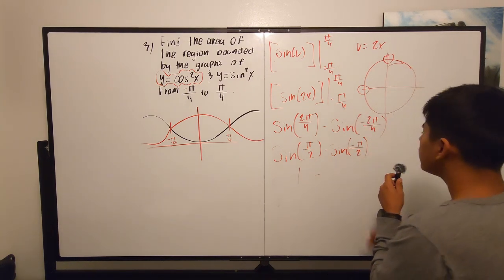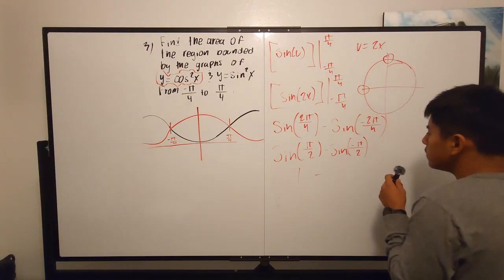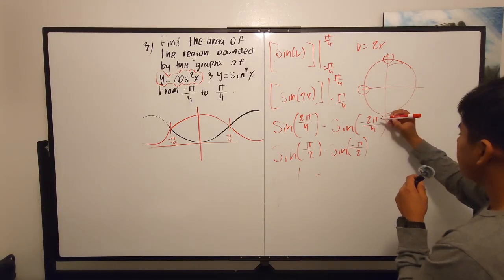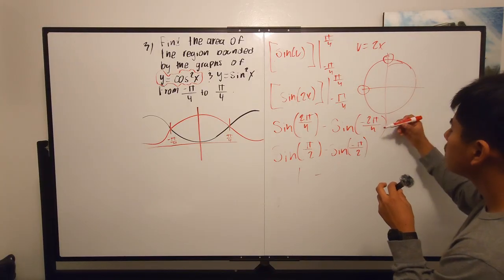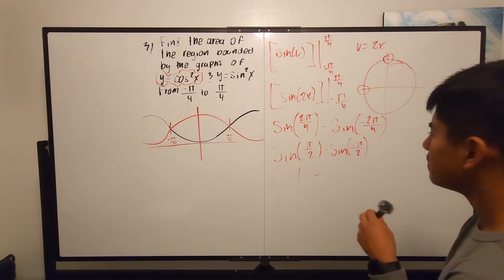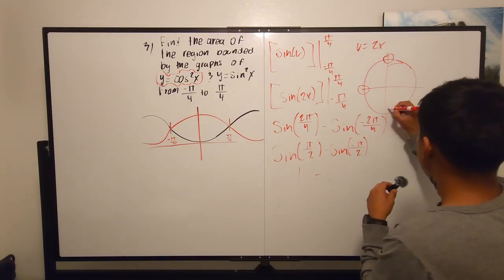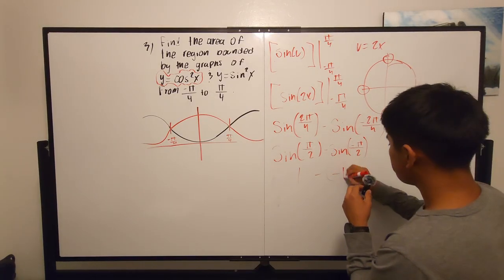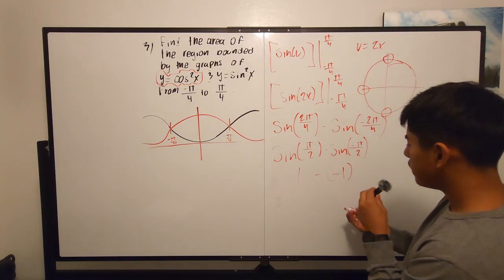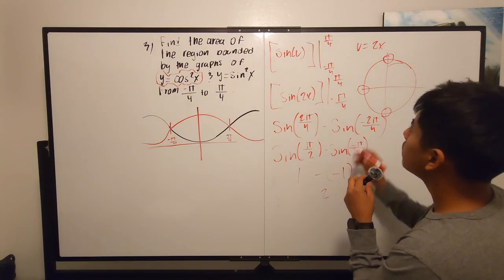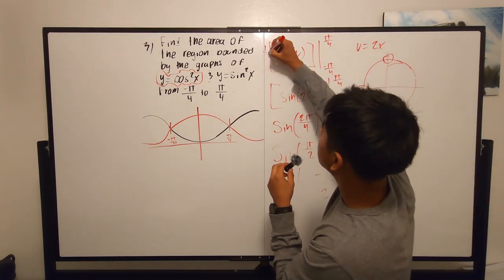minus the sine of negative pi over 2, which is going this way for the negatives. So that's going to be right here, which is going to be negative 1. And 2 negatives makes a positive. So we have 2, but remember we pulled out that 1/2. I probably should have written it right here.